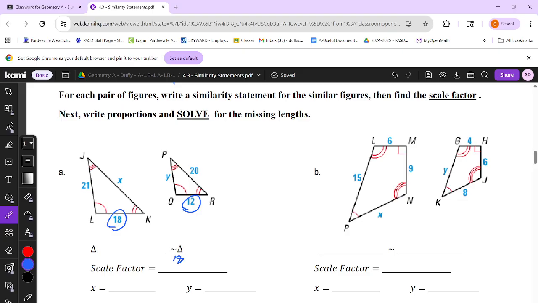So 18 divided by 12 would equal 3/2, or 12 over 18 would give me 2/3. So that's just the way that you could do the other one. You could get the 2 different scale factors, whether you're enlarging or making it smaller. But check those answers online, because I am going to skip to the next ones here in the video.